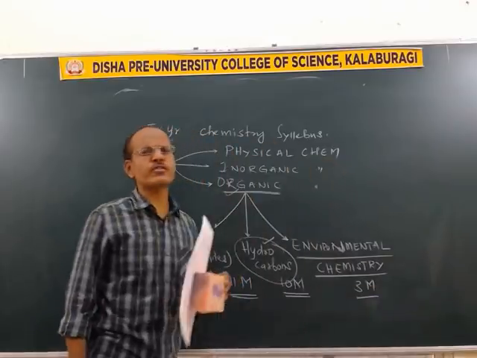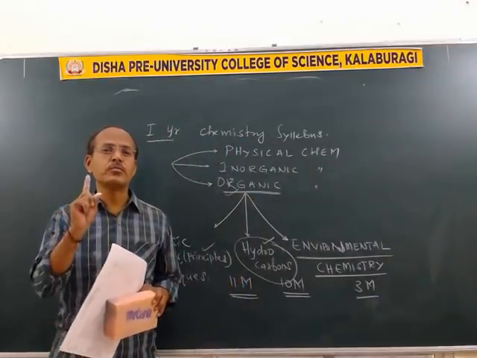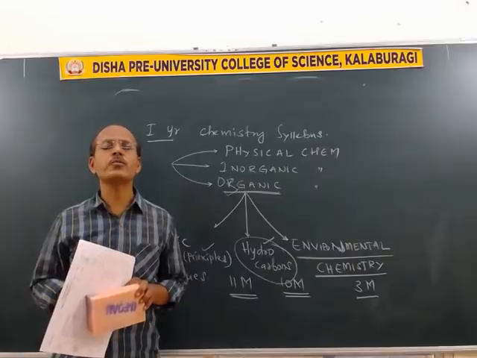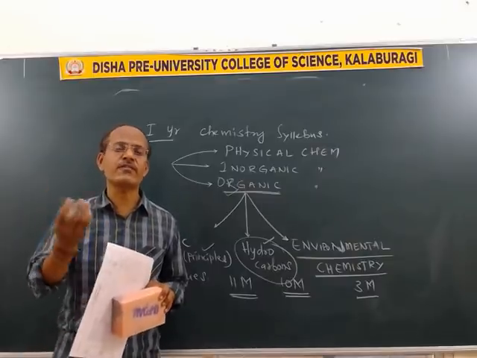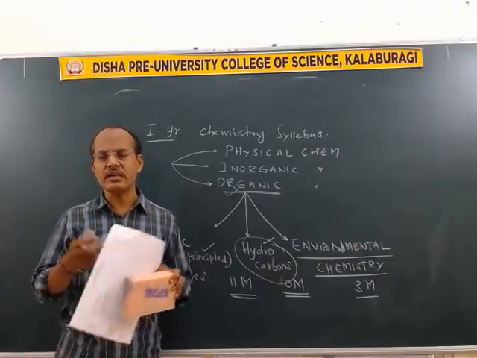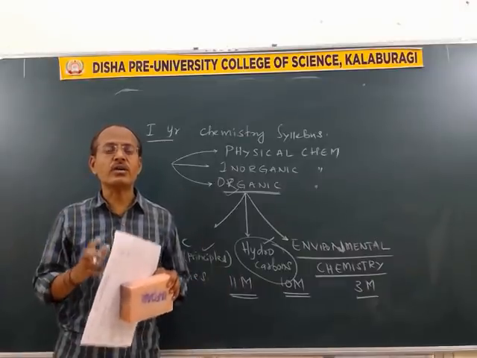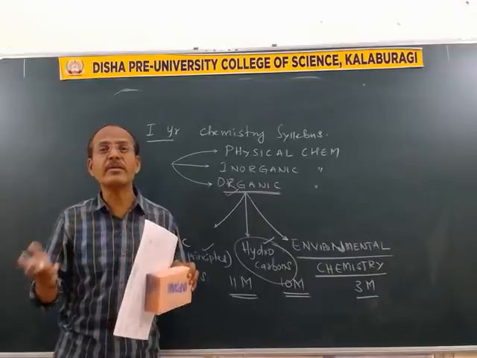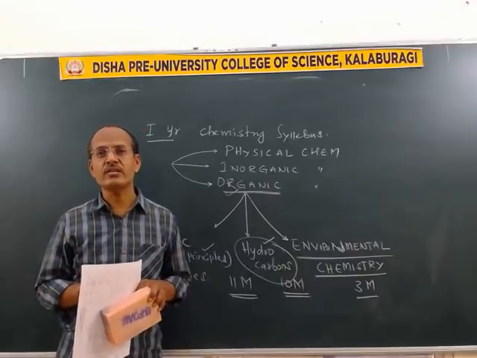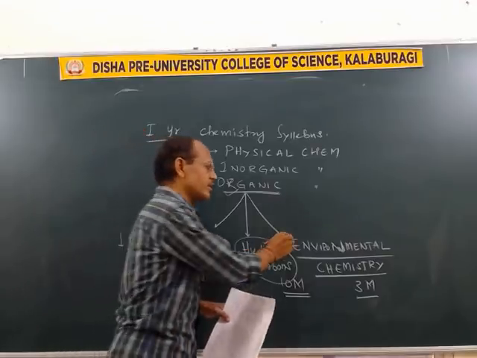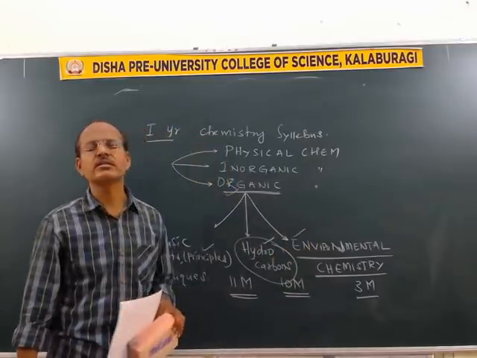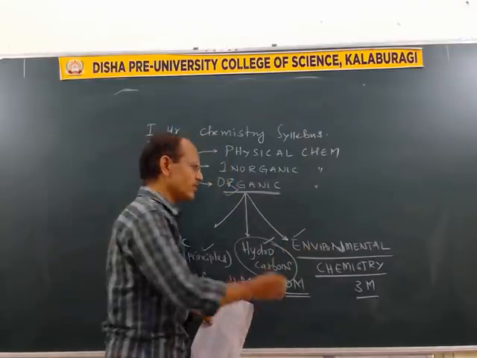Here you are supposed to study pollutions, different kinds of pollutions and their effects in the nature, and what are the remedial factors that we can use to minimize that pollution is explained in this topic.